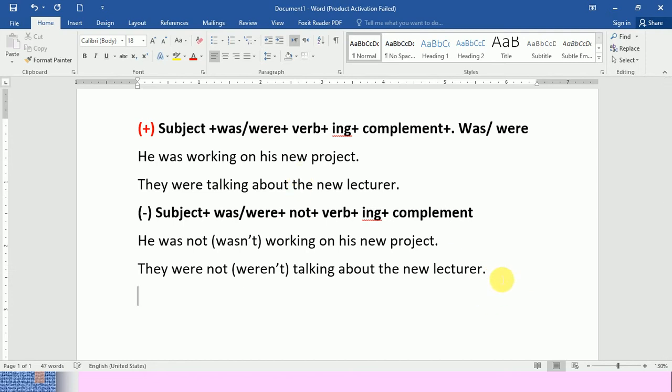Now after this we have positive interrogative. As I said, the helping verbs of past continuous tense are was and were. So bring the was and were to the beginning of a sentence.